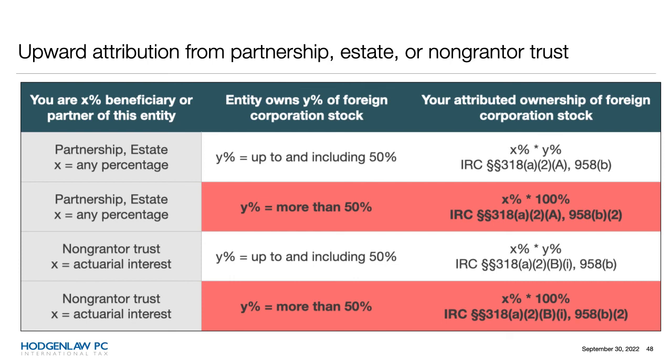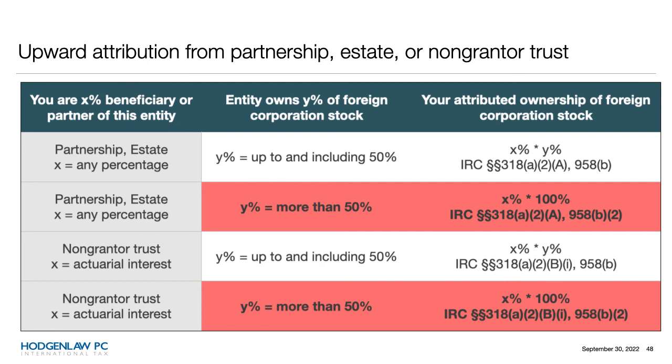Here, for categories 1 and 5, for determining your position as a stockholder in the foreign corporation, we have one of these trigger points, a floodgate. So again, on the left column, you have a certain percentage ownership in one of these entities, partnership, estate, non-grantor trust.